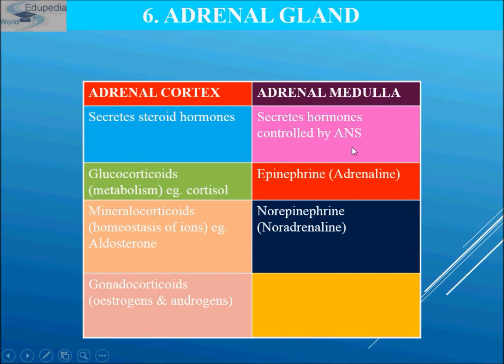Okay, it secretes glucocorticoids, more specifically cortisol, and it also secretes mineralocorticoids, more specifically aldosterone, and gonadocorticoids such as estrogens and androgens. Whereas adrenal medulla secretes only two hormones, and that is epinephrine, which is also known as adrenaline, and norepinephrine, which is also known as noradrenaline. Okay.